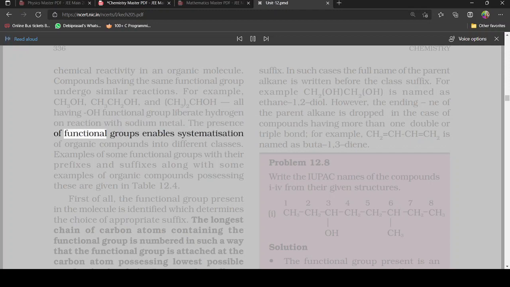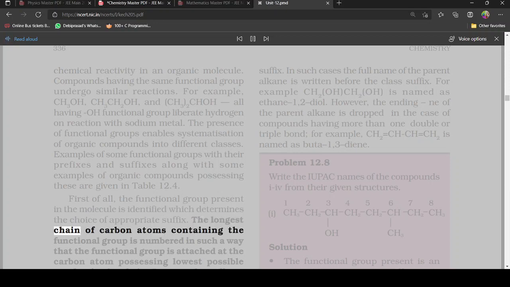The presence of functional groups enables systematization of organic compounds into different classes. Examples of some functional groups with their prefixes and suffixes, along with some examples of organic compounds possessing these, are given in Table 12.4. First of all, the functional group present in the molecule is identified, which determines the choice of appropriate suffix.